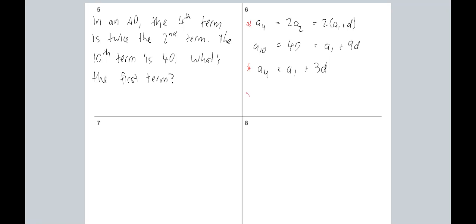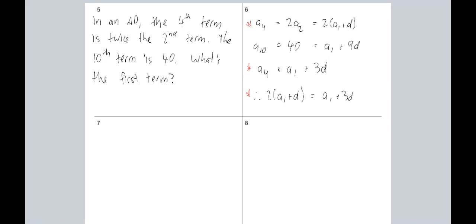So we can say, 2 outside of A1 plus D is equal to A1 plus 3D. All right, that might get us somewhere. Don't know yet, we'll see.